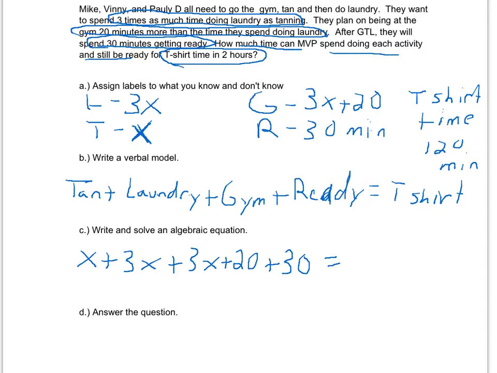And that's got to equal my t-shirt time, which was 120 minutes. We can see there's a bunch of like terms here. All of our x's are like terms, so 1x plus 3x plus 3 more x's, that's 7x.